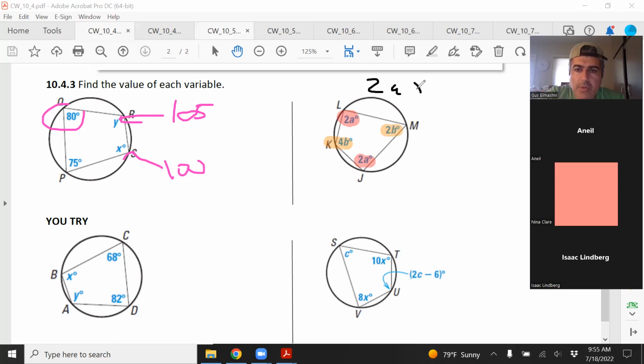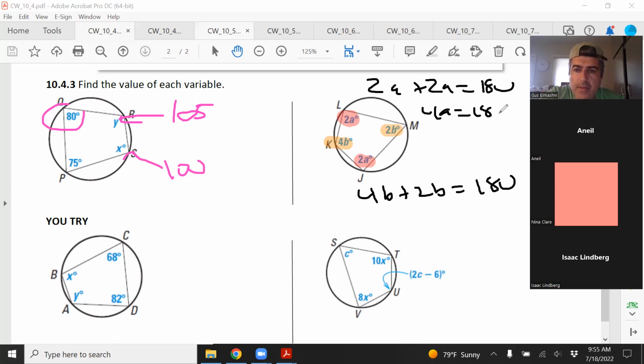So 2a plus 2a equals 180, and 4b plus 2b equals 180. 4a equals 180, a is 45. 6b equals 180, b is 30.